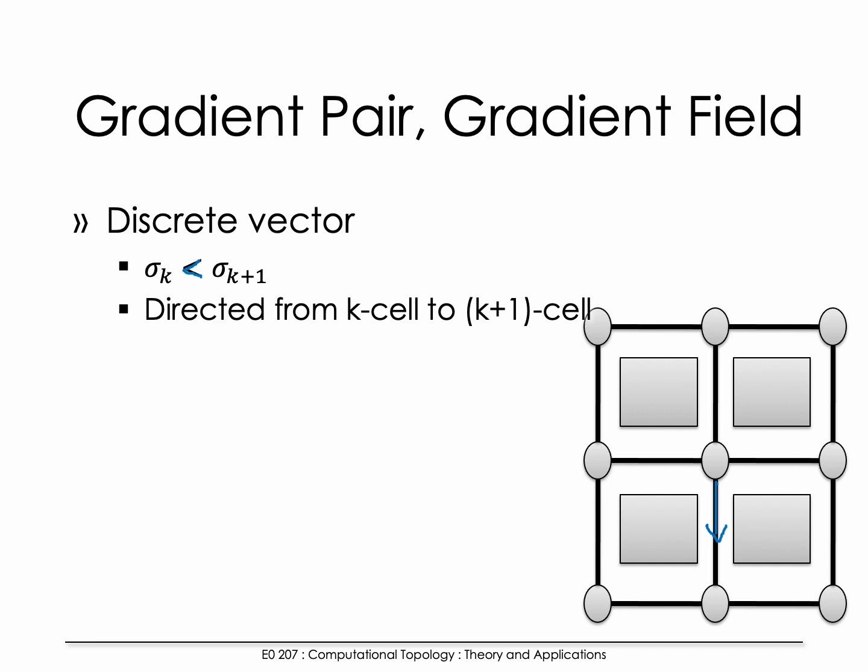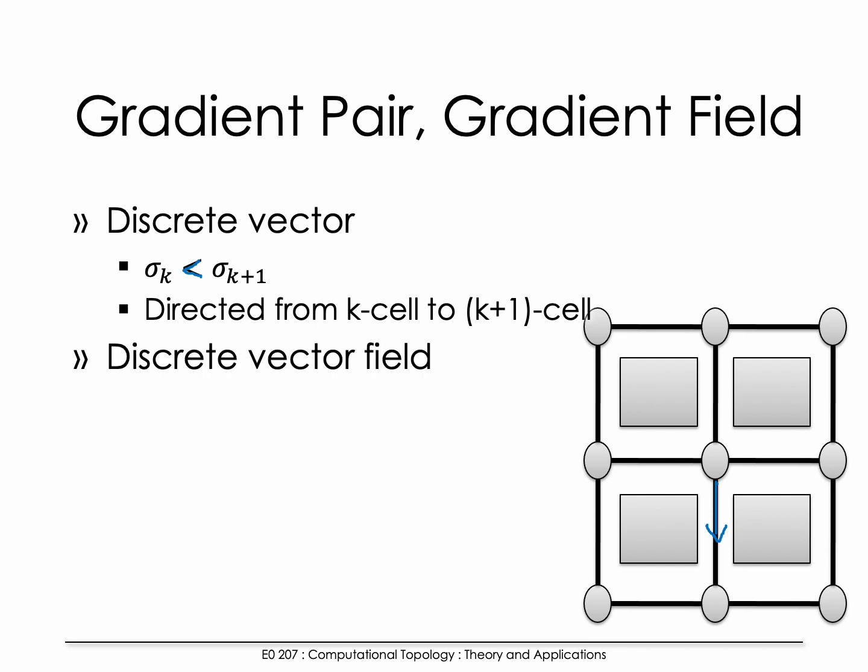This vector has a direction that is directed towards the higher dimensional cell. So you notice that the discrete vector is between a pair of cells that differ in dimension by 1. These two cells are incident on one another. Namely, one of the cells is the face of the other, and the discrete vector is directed from the lower dimensional cell to the higher dimensional cell.